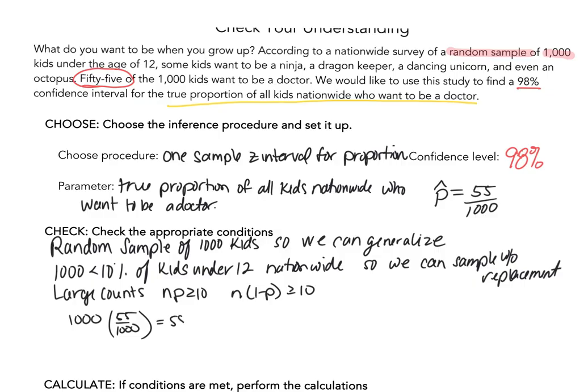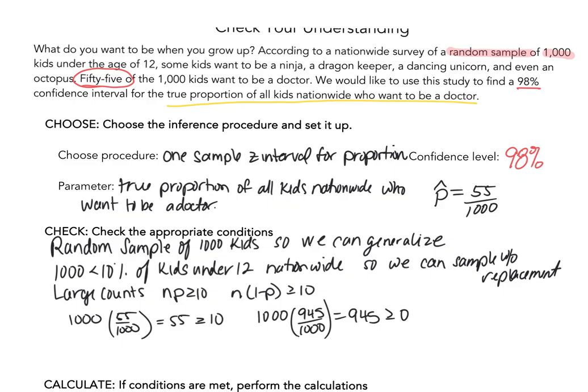And that equals 55, greater than or equal to 10. And then 1,000 times 1 minus 55 over 1,000 is 945 over 1,000, equals 945, which is greater than or equal to 10.